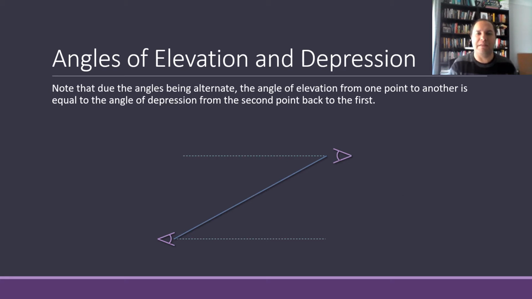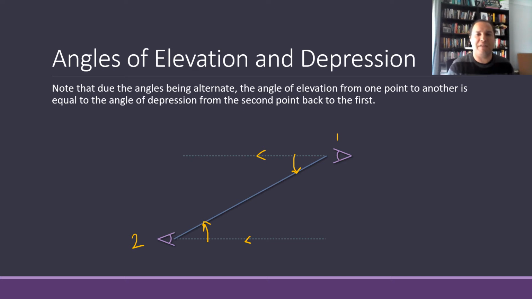Now, this fact is important because it means that the angles are actually alternate. So our angle of depression up here from one object to another object, according to our Z rule, is equal to the angle of elevation from that second object, or that second person, up to the first.